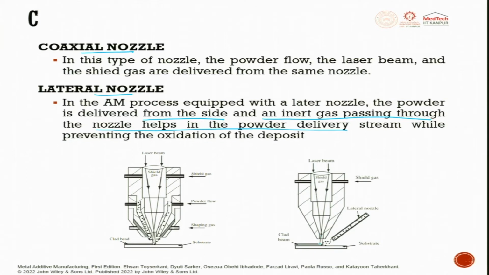The shielding gas tries to protect the deposit when the laser applies heat to the powder, it melts, it tries to form a jacket and oxidation is prevented. So, there are two types of nozzles which are predominantly used in metal additive manufacturing. One is coaxial, the other one is lateral nozzle.